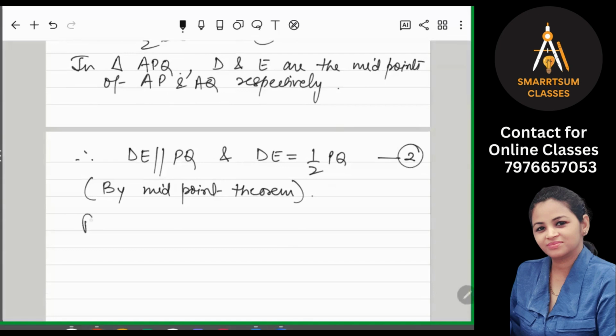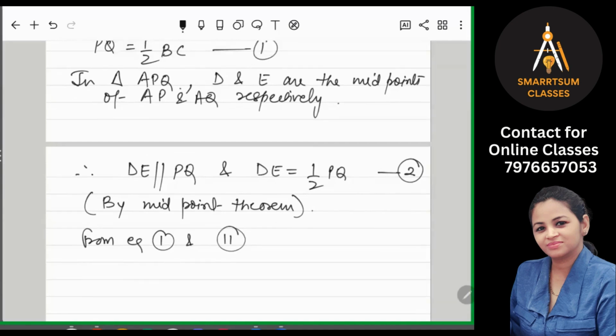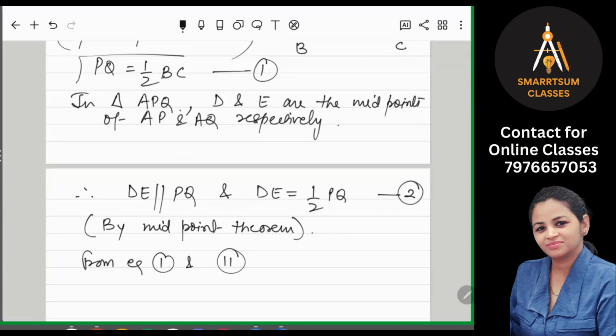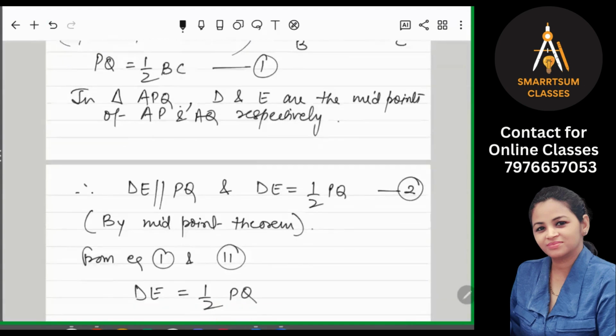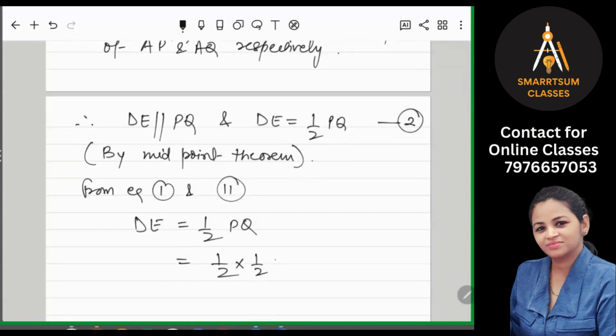Now from equation number 1 and 2. PQ is half of BC and DE is half of PQ. So you can put the value of PQ from equation number 1. DE is equal to half of PQ, and when you write the value of PQ from equation number 1, it is equal to half of BC.